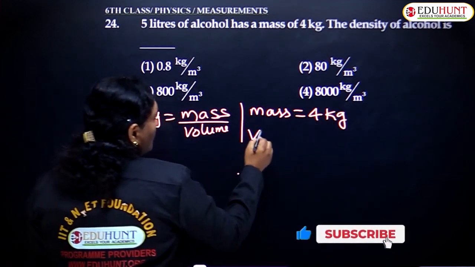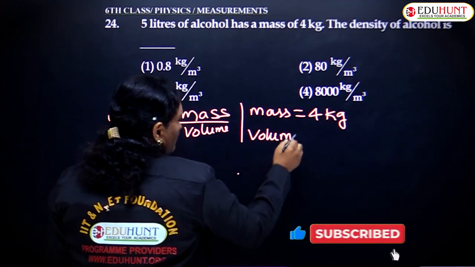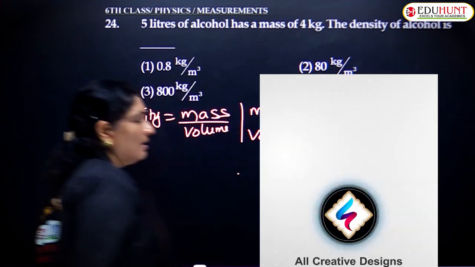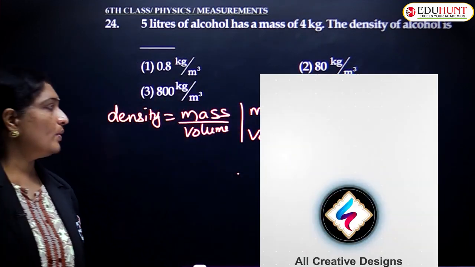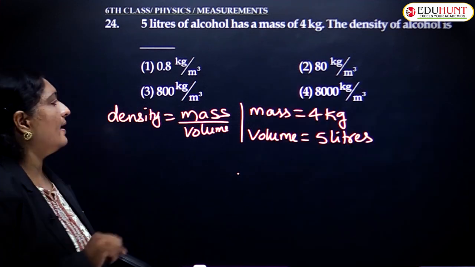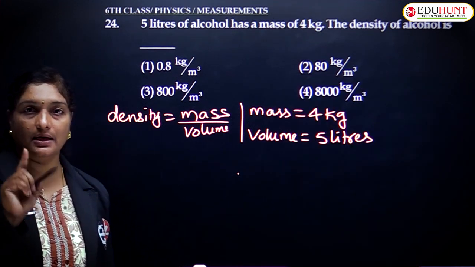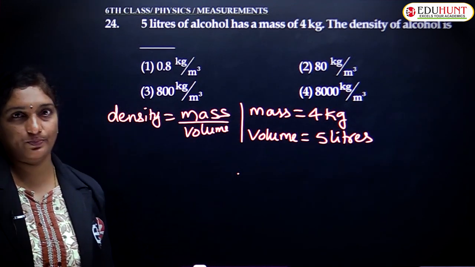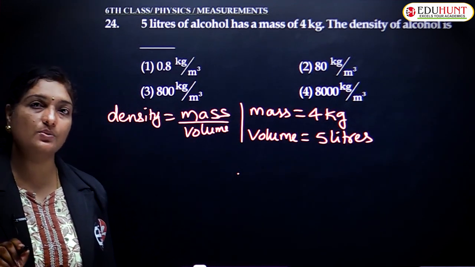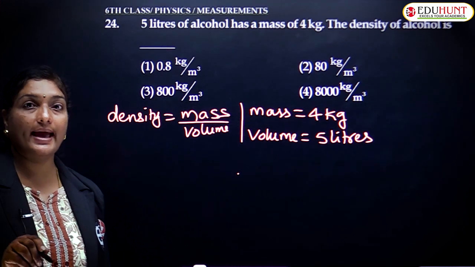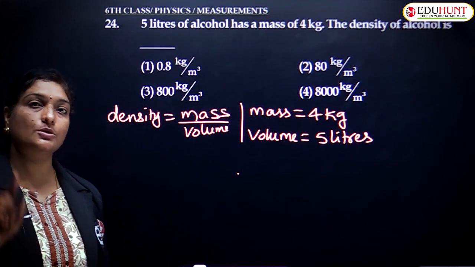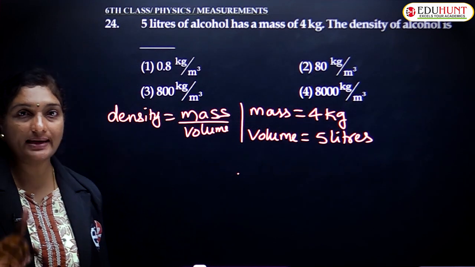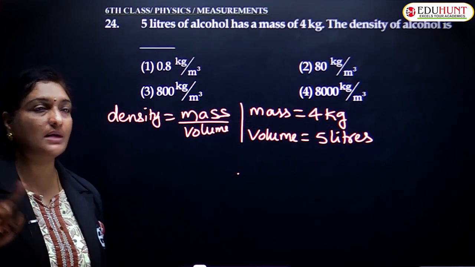But volume they gave it as 5 liters. Yes or no, children? But earlier we learned that 1 liter is equals to 1000 centimeter cube. Whereas 1 liter is also equals to 1 by 1000 meter cube.